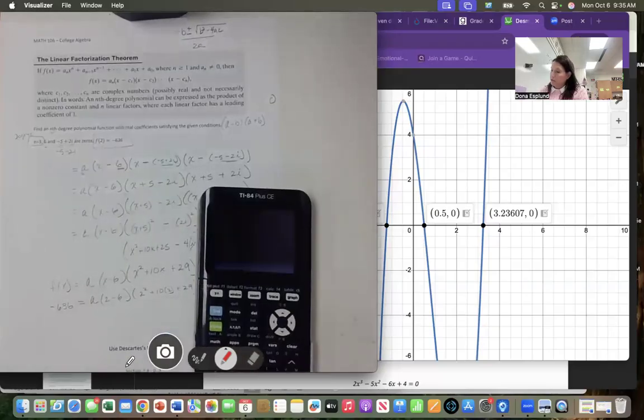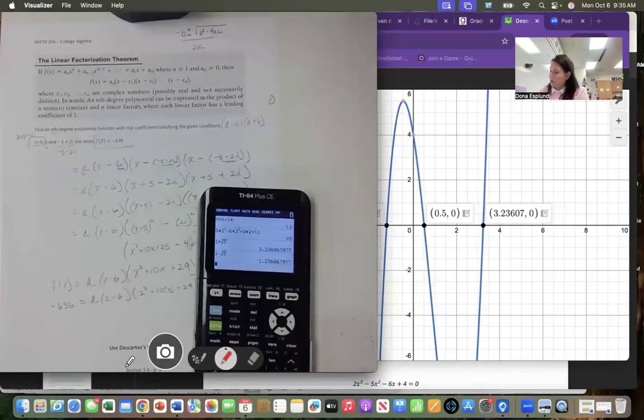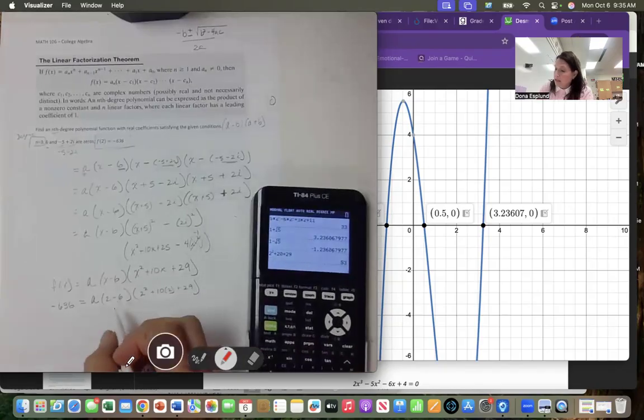So 2 squared is going to be 4, plus 10 times 2, which is 20, plus 29. Okay, so I have 53. And then I have 2 minus 6, which is a -4, and then times 53.